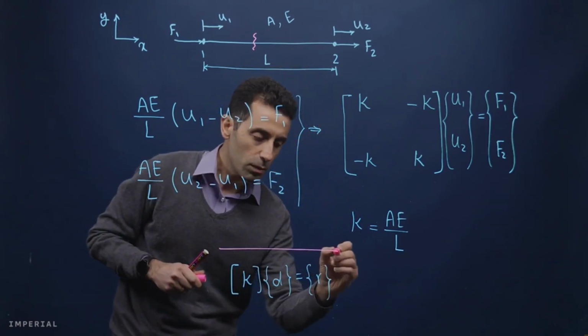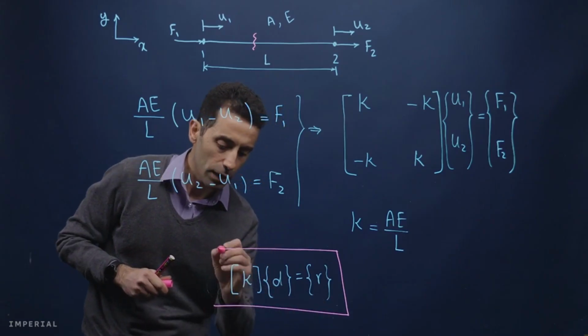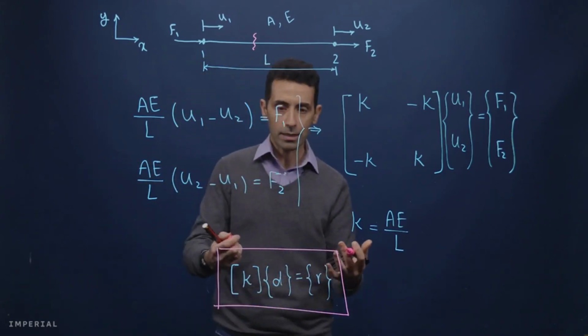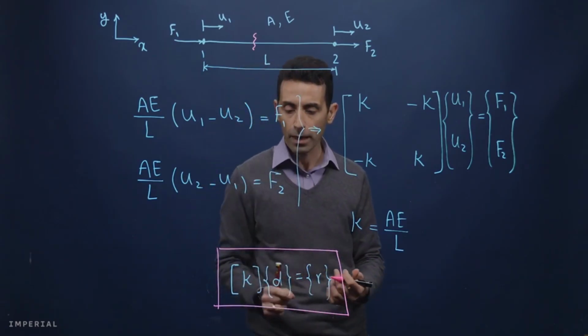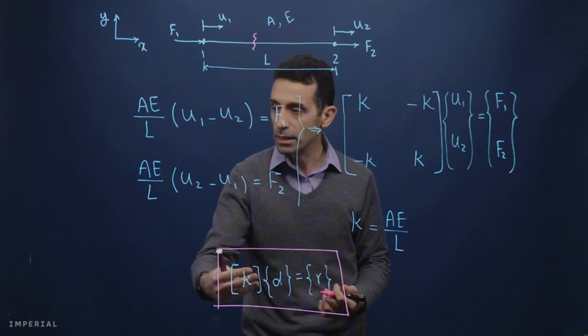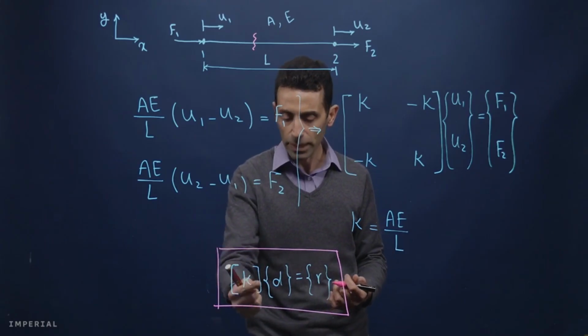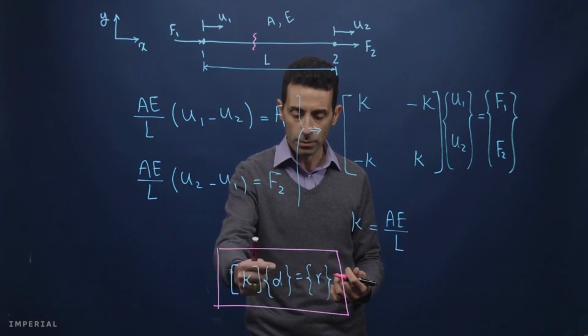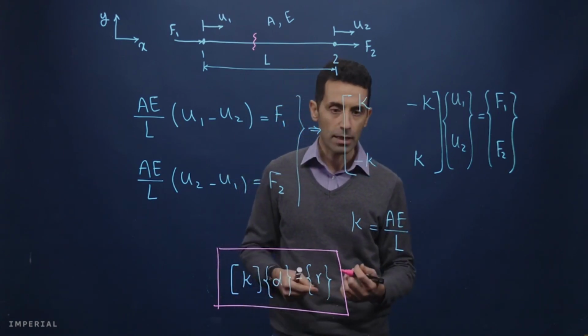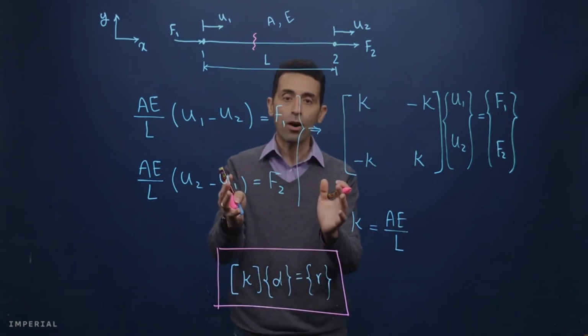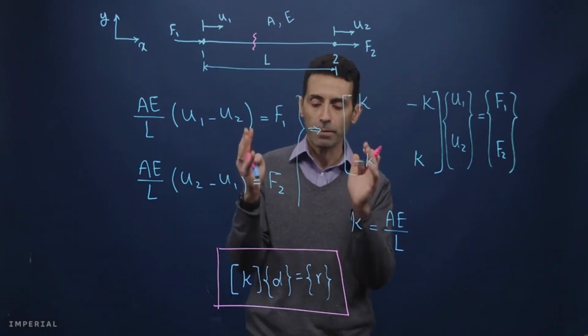All right. So we have now an equation that is written in terms of a matrix, vector, and another vector. This is the element stiffness matrix. This is the vector of nodal displacements, and this is the vector of nodal forces. And this is really the essence of the finite element method.